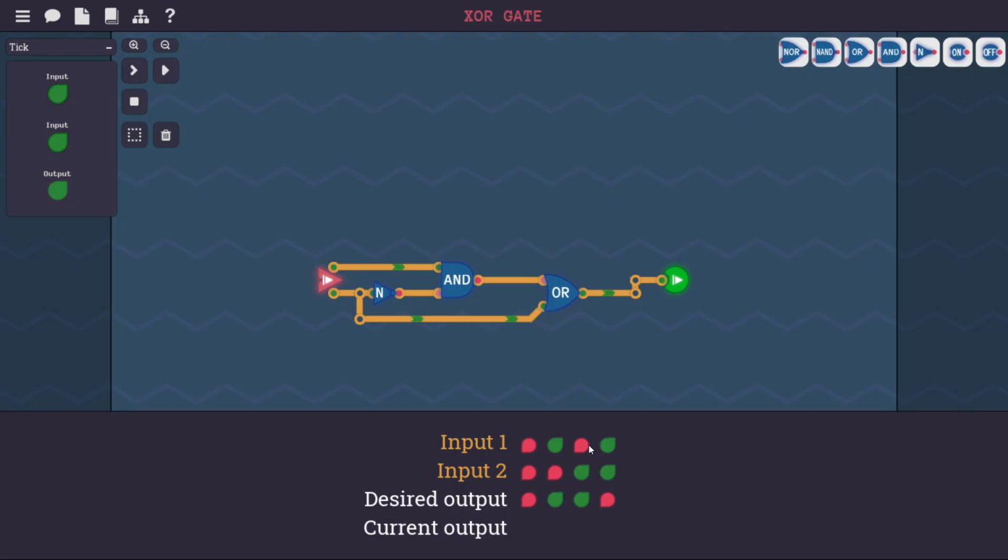Let me just find what the topic was. Yeah, it says that XOR checks if the inputs are different, and fires the 1 only if inputs are different. If they're the same, it does not. It fires a 0.